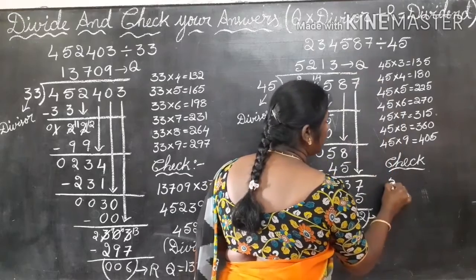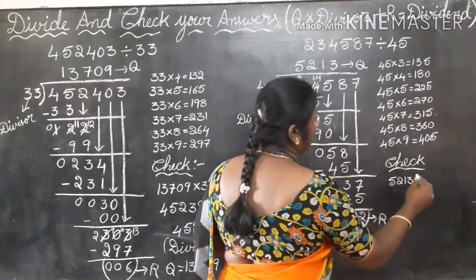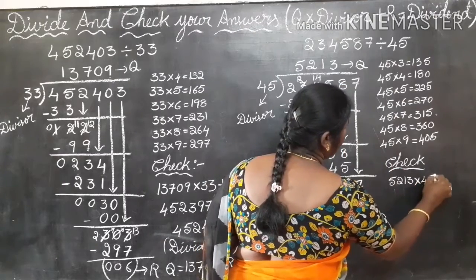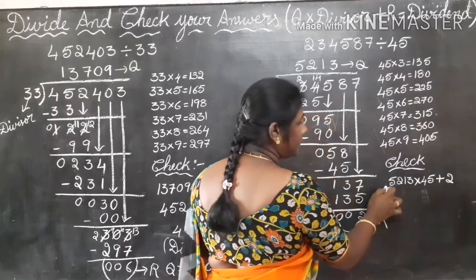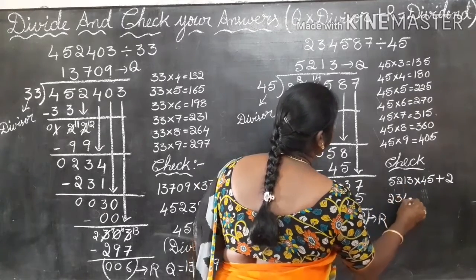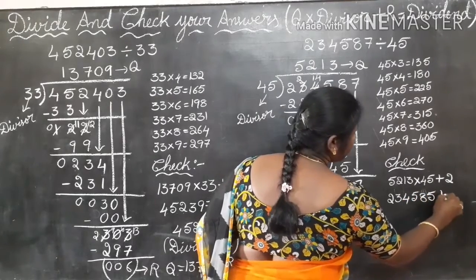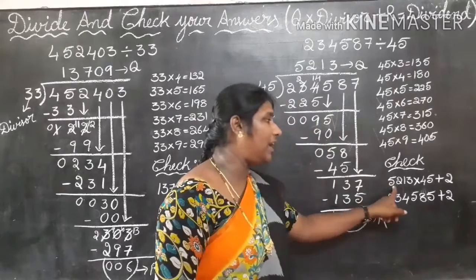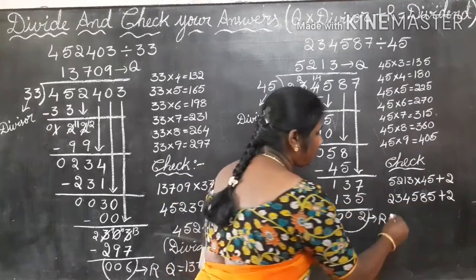Quotient 5213 into divisor 45 plus remainder 2. So when we multiply this number by this one, we will get 2,34,585. Plus 2 remainder. Adding the remainder 2, we get the dividend.